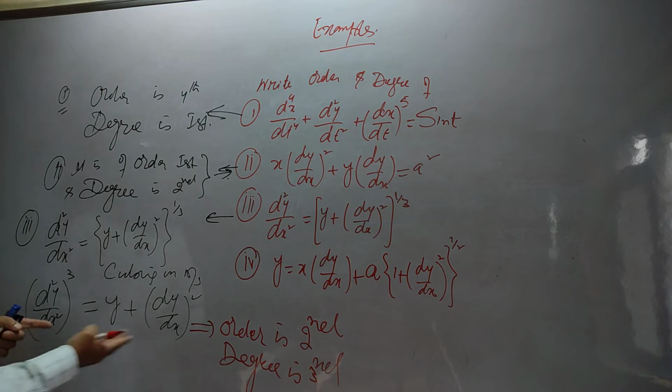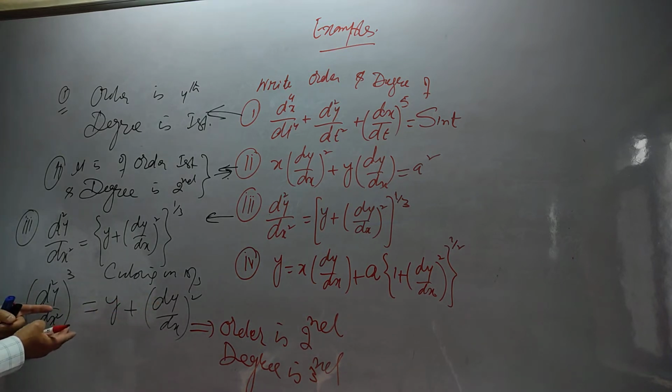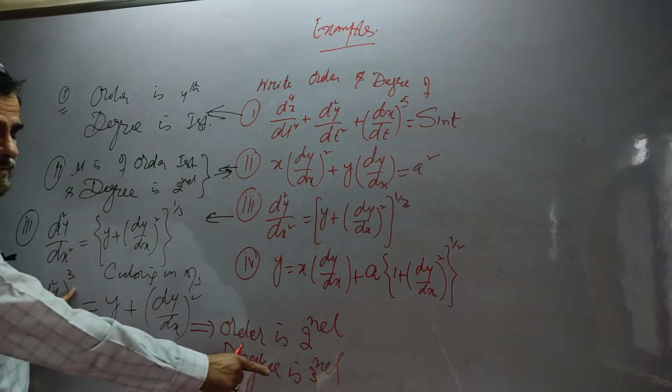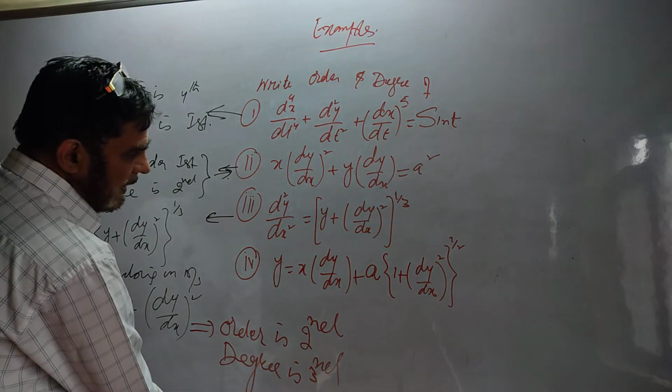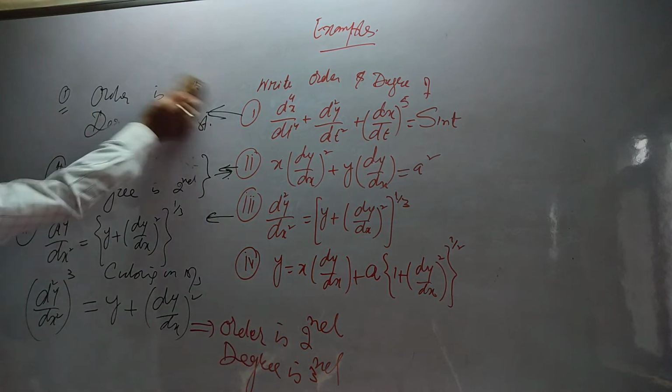Suppose in this equation there would have been d2y by dx square raised to power 3 and some other term plus x times d2y by dx square raised to power 5. In that case, degree was 5, but order was still 2. You have to see the highest derivative involved.